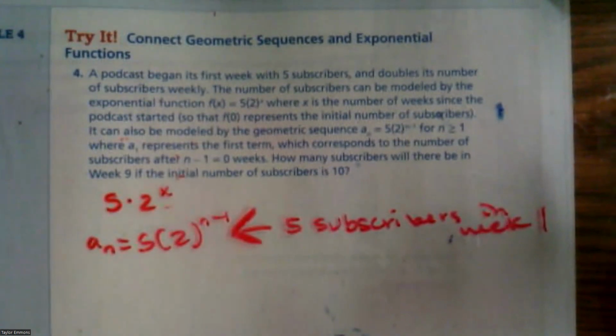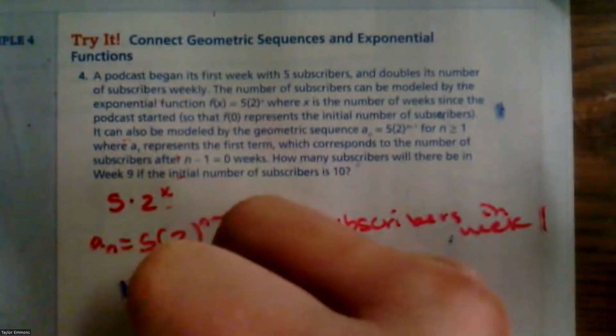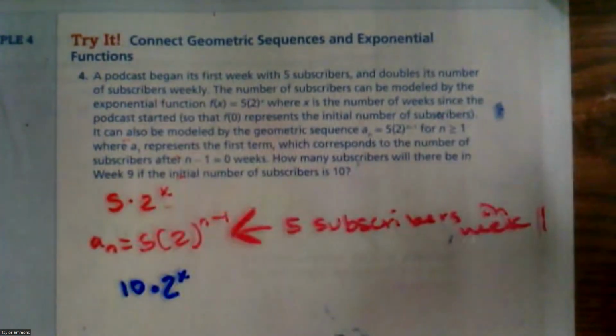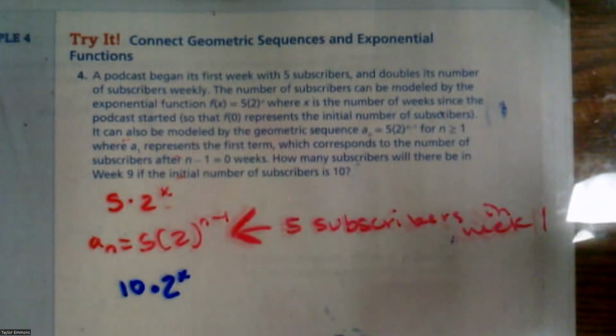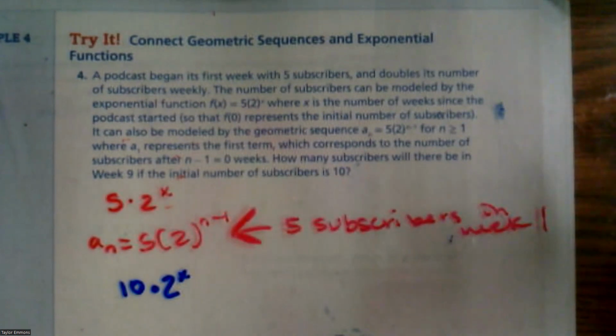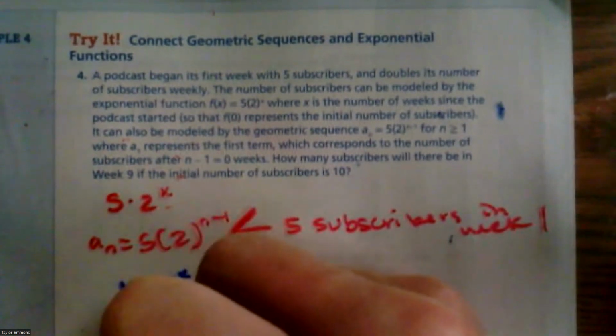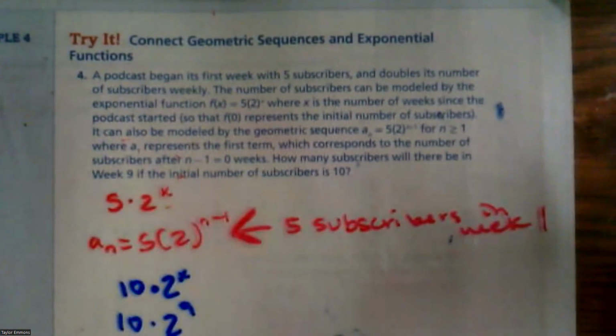So if we wanted to find week 9, if the initial number is 10, then what are we going to do? Well, we're going to change our equation to be 10 times 2 raised to the x. And we want to find it when we have week 9. So we're going to plug in 9 for that x.